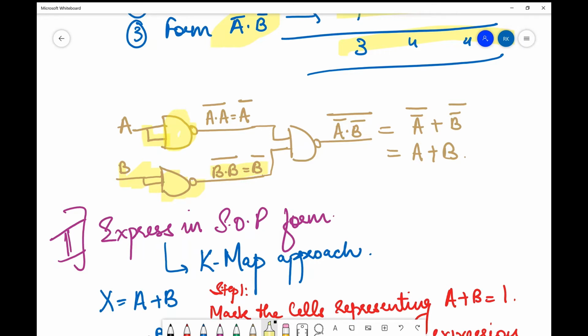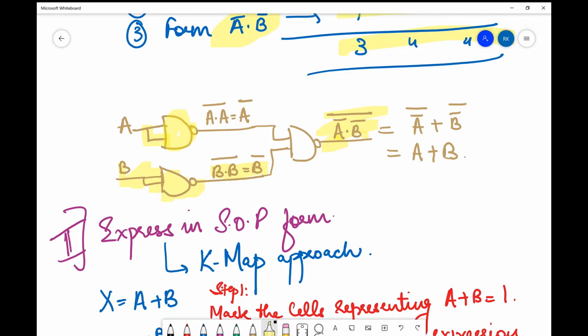Then when you provide both these inputs to another NAND gate, you'll get A bar dot B bar whole bar, which is equal to A bar bar plus B bar bar, which is equal to A plus B, the desired expression. So this is the first part, and we are done with it.